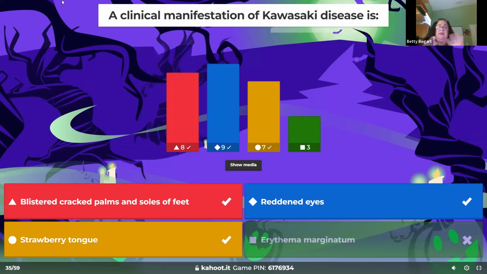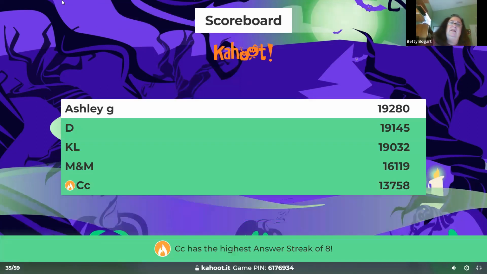So we're going to see the palms of the hands and soles of the feet white, cracked, blistery looking. The eyes glow red, strawberry tongue, cracked lips. And you're going to see a rash, but it's not going to be that description of it. It's more of a macular type thing.